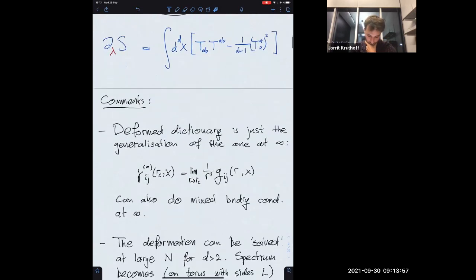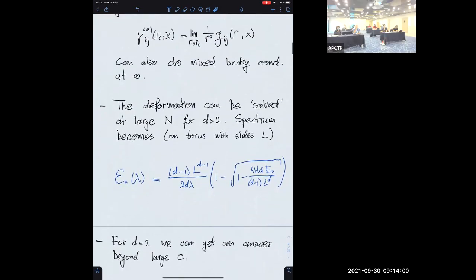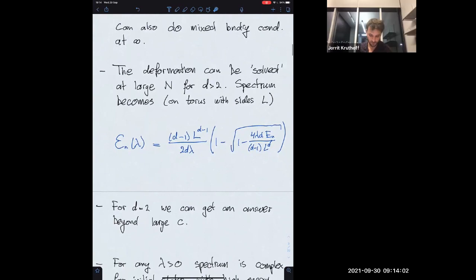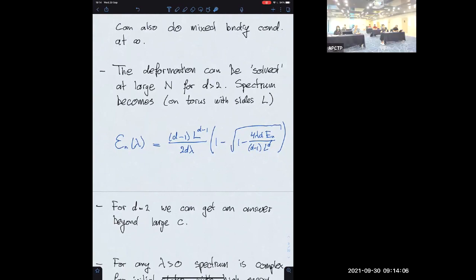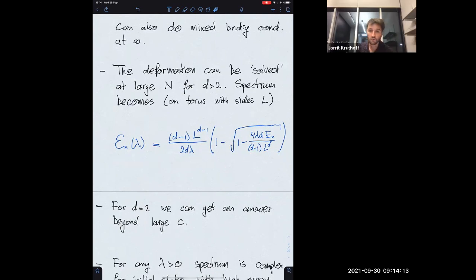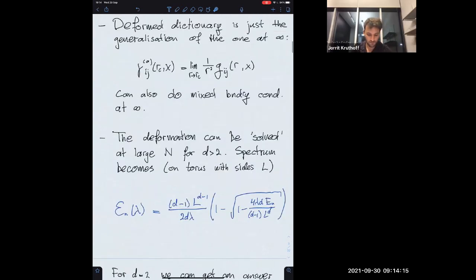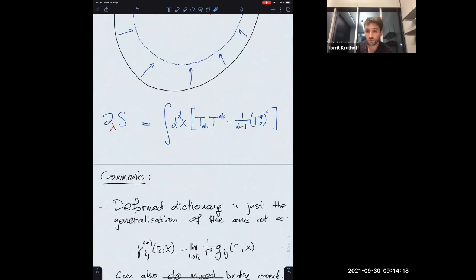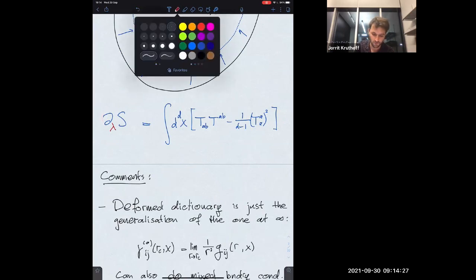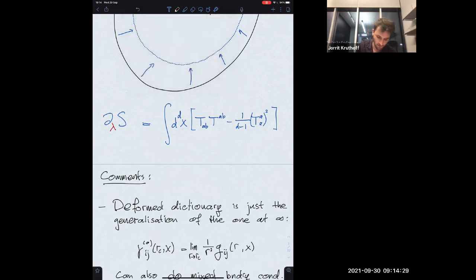Yeah, so I said already that for DS2 we can get an exact answer. Jorrit, how do you get this quadratic equation for the energy? Well, you have the large N factorization that you use in this expression. So this becomes an expression for the energy. This can be converted into an expression that looks like this.